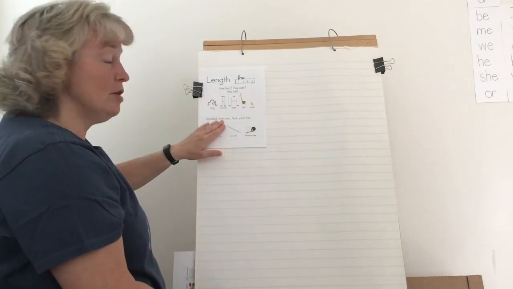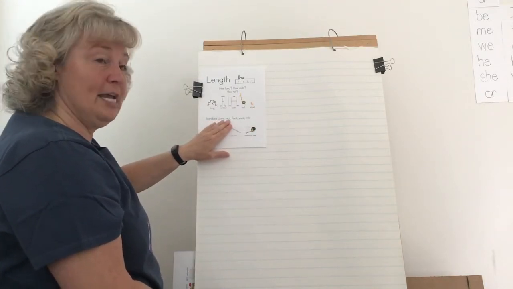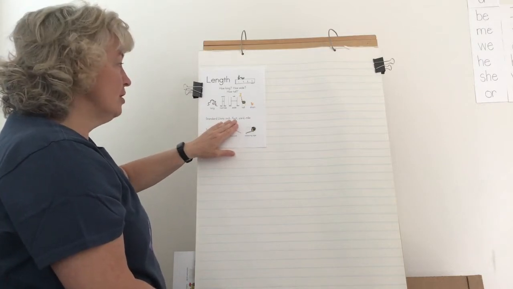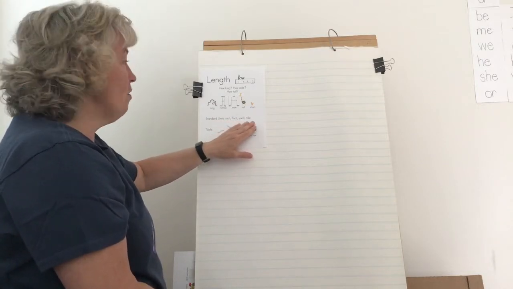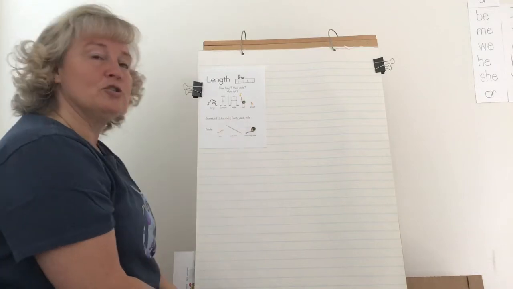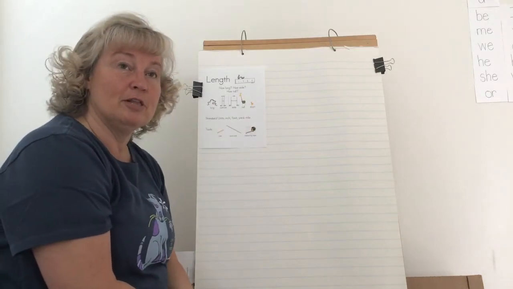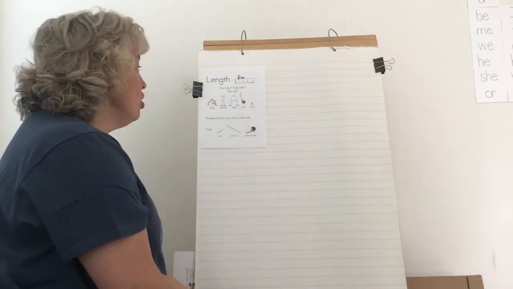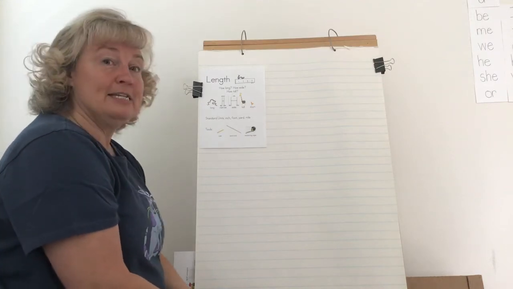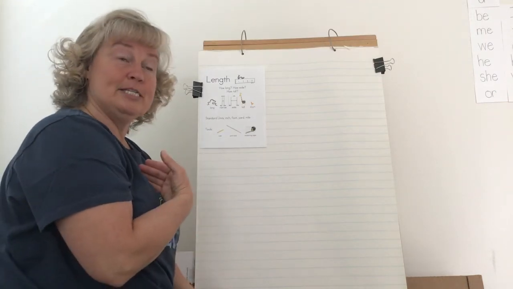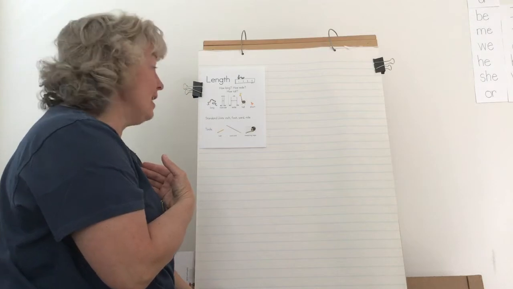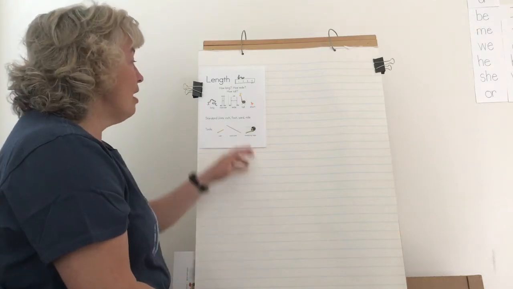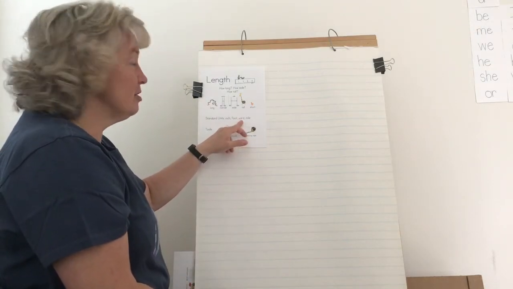All right, so some of those standard units that we would use would be an inch, a foot, a yard, or a mile. So we could measure something in inches, like the pencil we talked about. You could measure something in feet, like how tall Mrs. Hess is. We used feet and inches. We could measure how many yards something is.